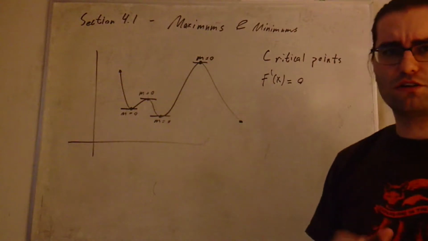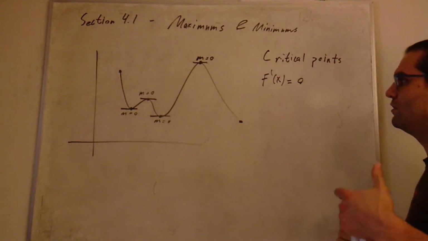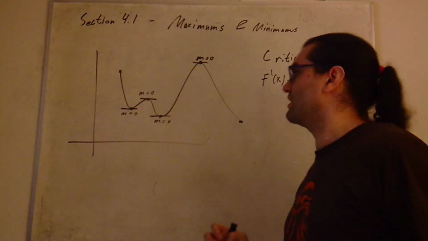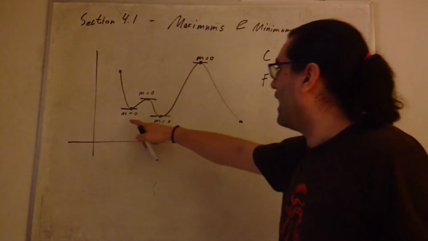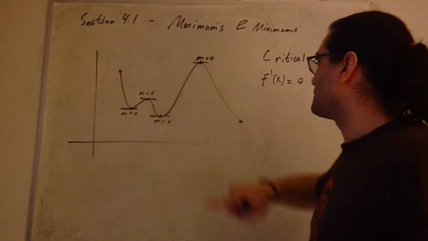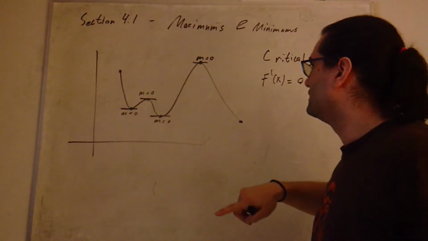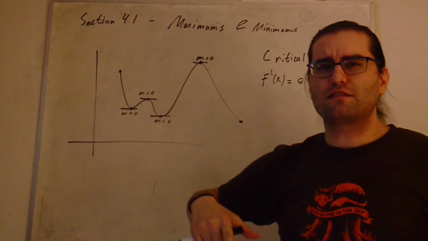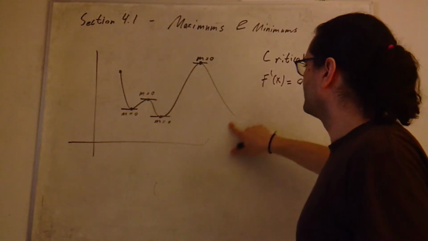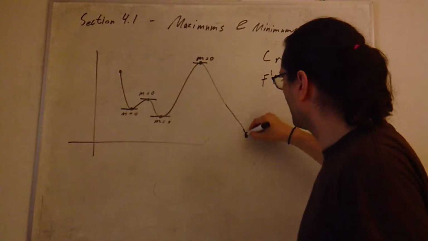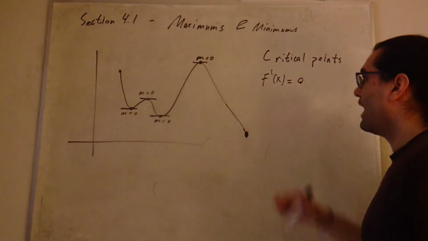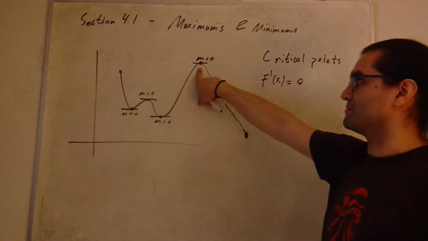And we need to talk a little bit about what maximum and minimum means in this context, because looking at this graph, I have labeled 4 things as maximums or minimums, and some of them are a little suspect. Let me make this more clear. So I think we can agree that this is probably the maximum.